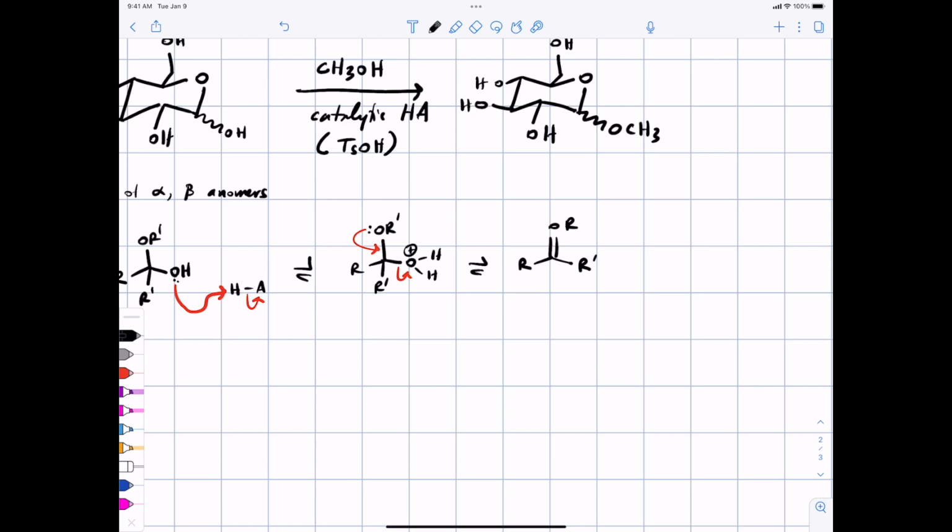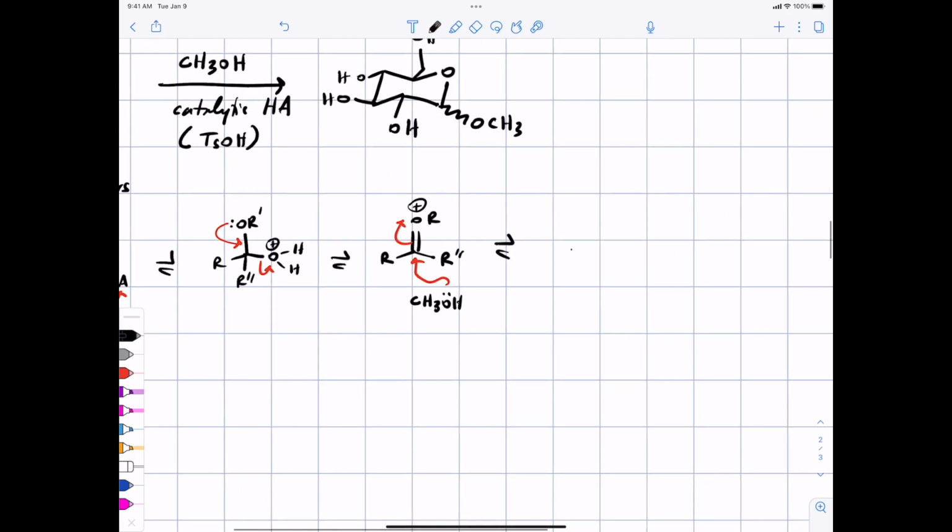All right, so we turn OH into a good leaving group. It leaves, we get the oxonium ion, and then our alcohol attacks that oxonium ion. We get a tetrahedral type intermediate.